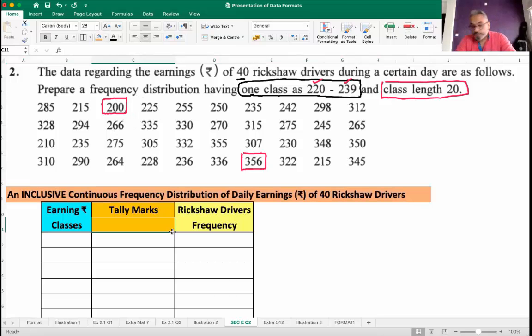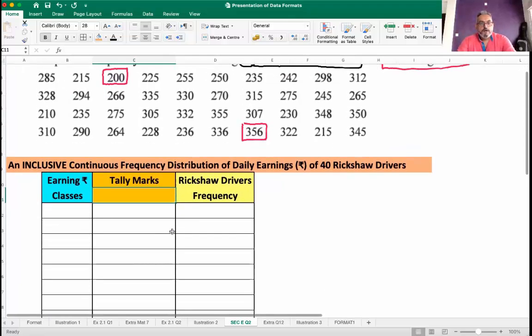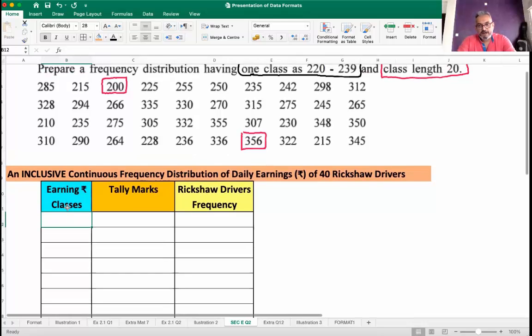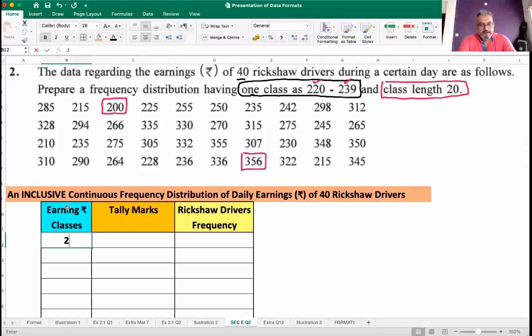Now, earning in rupees, daily earning, and classes. So the first class, as you rightly said, will be 200 to 219. The class length is 20, so it is inclusive.